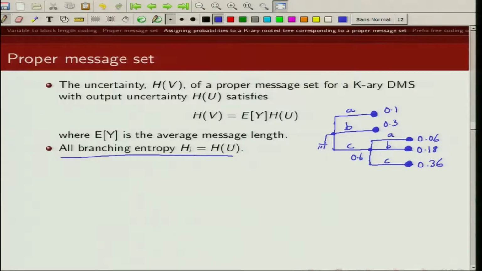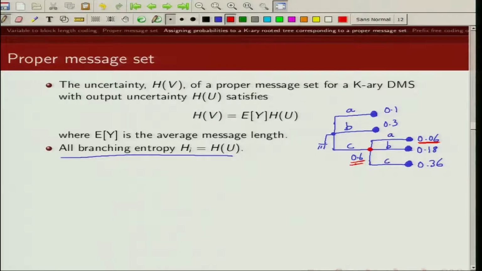Right? Now, look at the branching probability. Let's look at this particular node at C. If I ask you to compute the branching probability, what is it? That is this probability divided by the probability of the node.